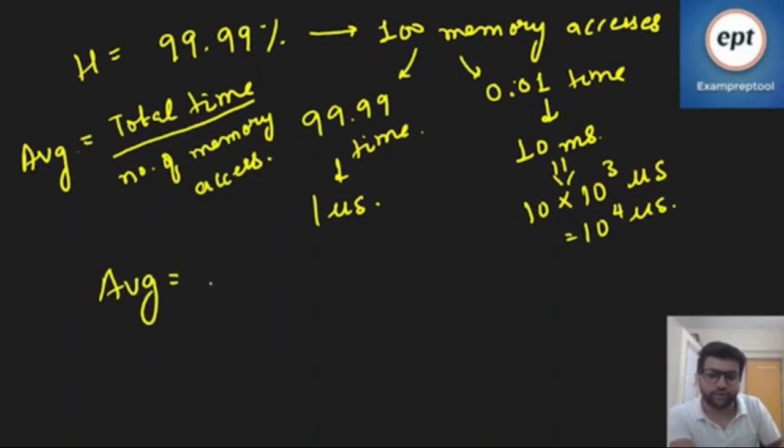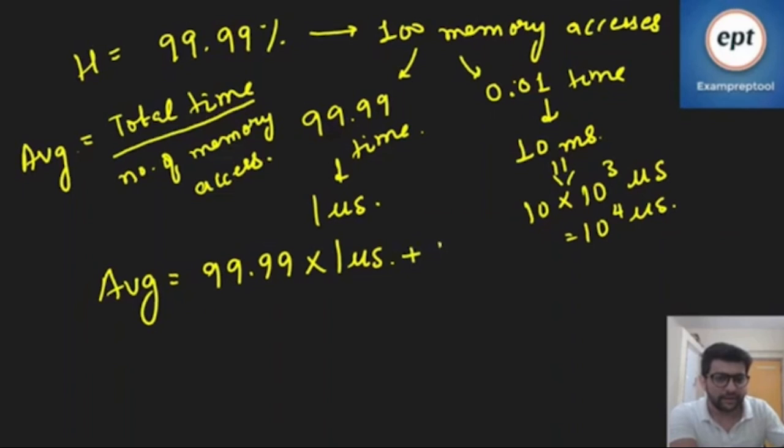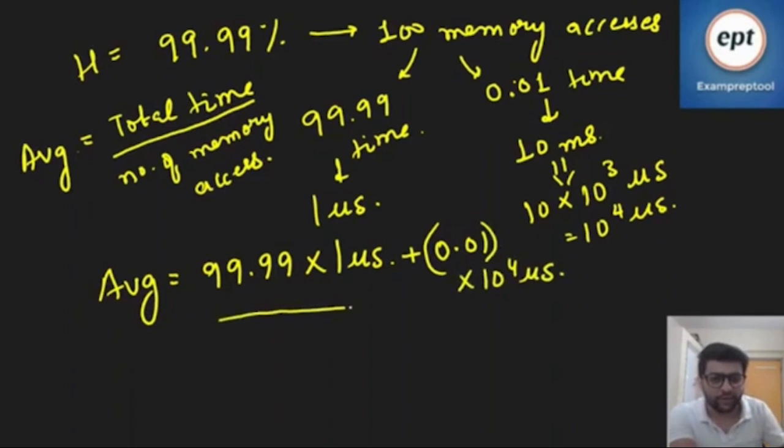The average will be equal to 99.99 into 1 microsecond, which is how much time it took when we had a hit, plus 0.01 times it took 10 power 4 microseconds. And the total number of memory accesses was 100, right?